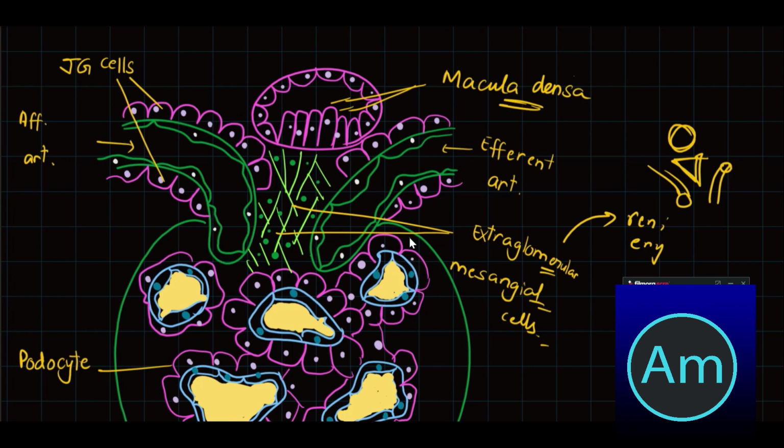These macula densa act as sensor which detect the rate of flow and the ionic composition of the tubular fluid, and thus they give feedback to the renal corpuscle to change the rate of filtration so as to bring back the normal condition. While the JG cells are granular and secrete renin, which activates renin angiotensin system.